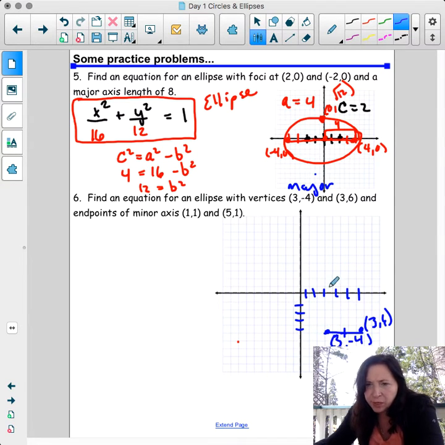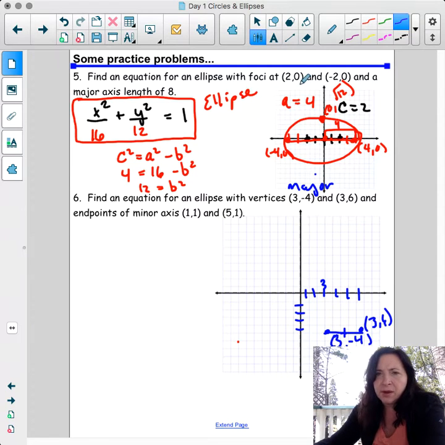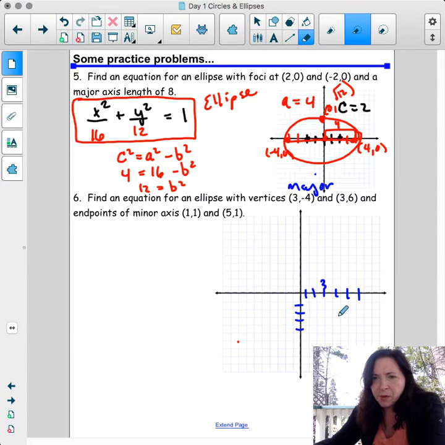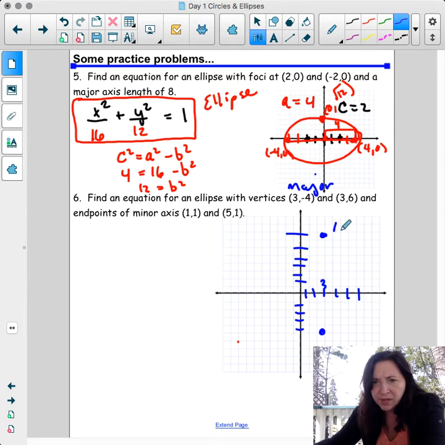Now, if this is 3, negative 4, and this is 3, oops, I think I graphed that wrong. Let me regraph that. So if this is 3, negative 4, and 3, 6, so 3, 1, 2, 3, 4, 5, 6, and that's 3, 6, okay? That's my major axis.